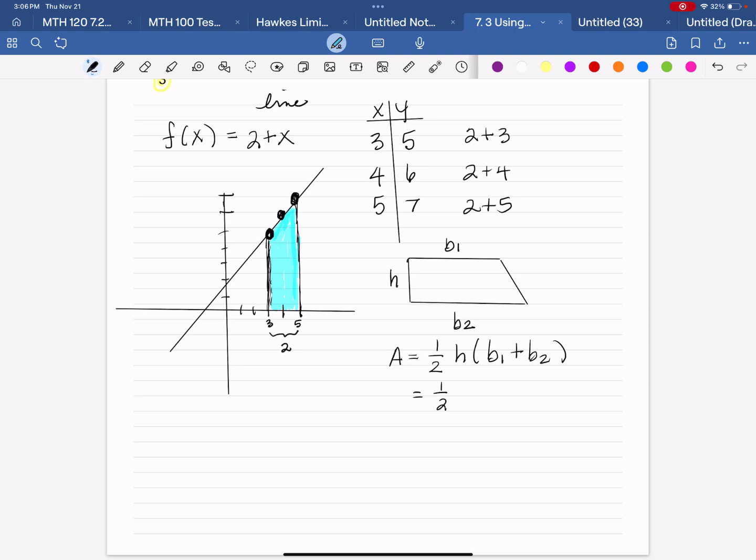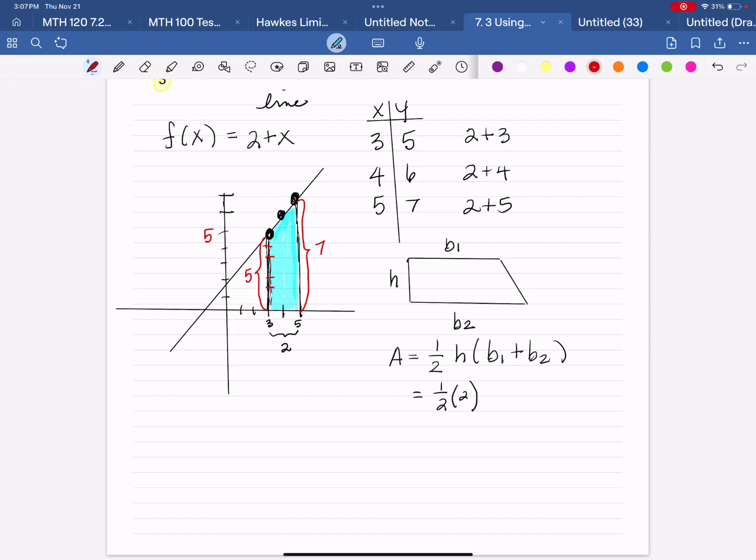So it's 1/2 times 2. And then the length here is our top base, and here is our bottom base. Well, at 3, that goes to 5. So this length here is 5. Okay, and this length here is 7.